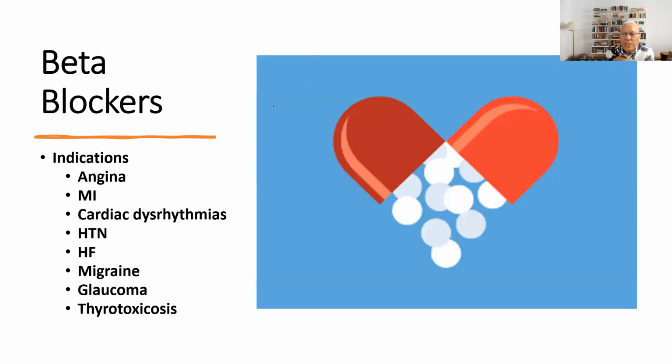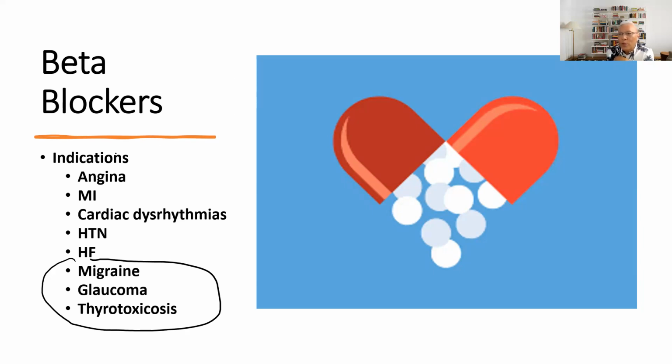So as you could see, it's indicated in angina, in MI. It is also indicated in cardiac arrhythmias, as well as hypertension and heart failure. And the other minor uses are, of course, to treat migraine headaches, glaucoma, and also thyrotoxicosis. Because you remember, in hyperthyroidism, there's going to be tachycardia, and therefore, if you decrease the tachycardia, this usually is going to help the patient manage the symptoms.